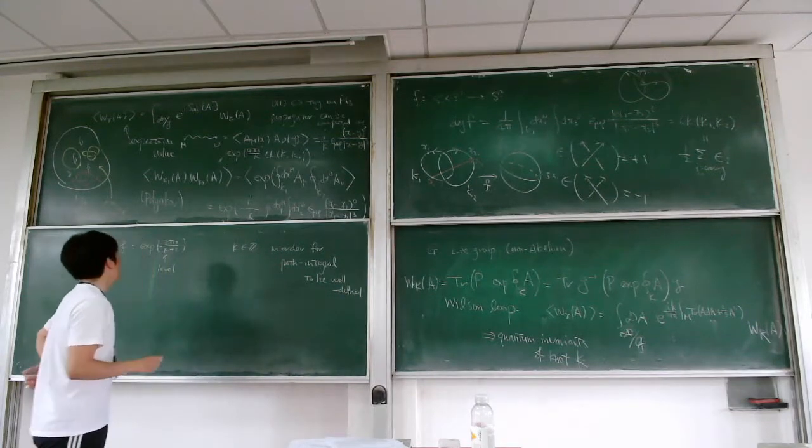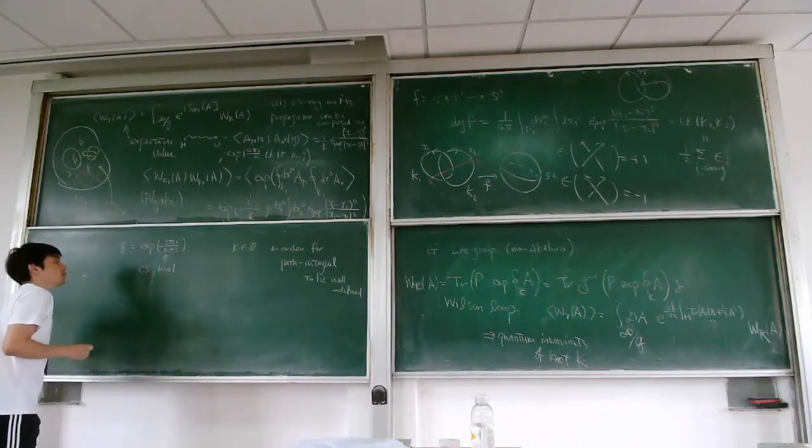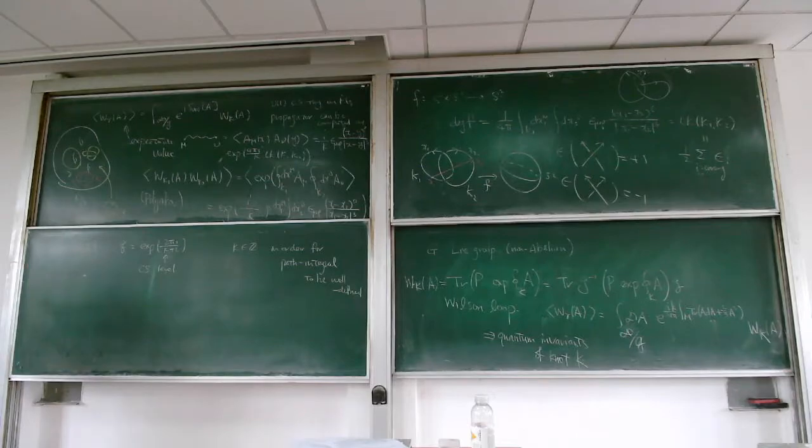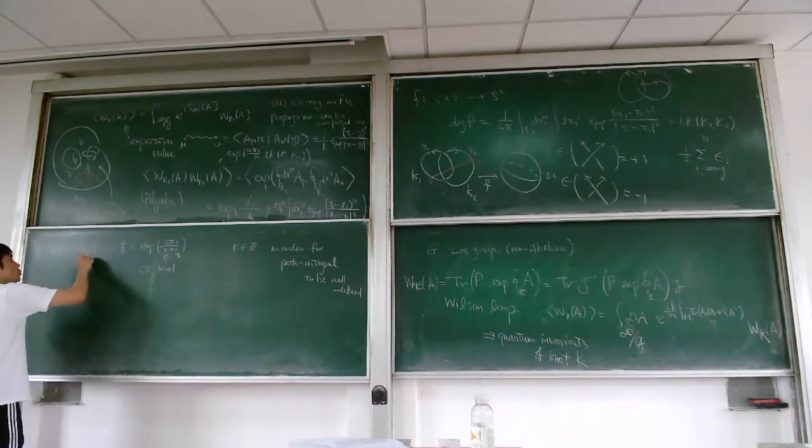So k is often called the Chern-Simons level. It's an integer, and it really comes from these two.